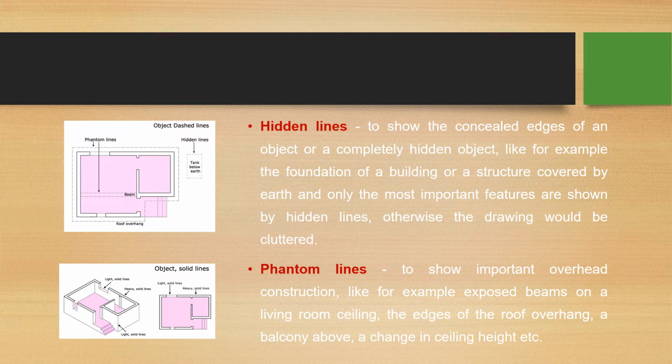The hidden line shows the concealed edge of the object and completely hidden objects. For example, the foundation of the building or structure covered by the earth, and only the most important features are shown with the hidden line. Otherwise, the drawing would be cluttered. For example, I said earlier the foundation is underground. So we do not want to show that your building has a foundation, we make a dash line above the column, below the column. Here, what is the hidden line? Tank below earth, meaning the tank is underground.